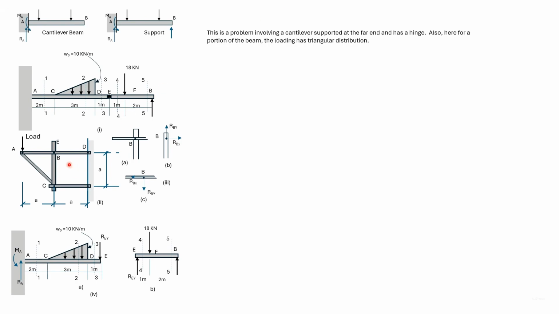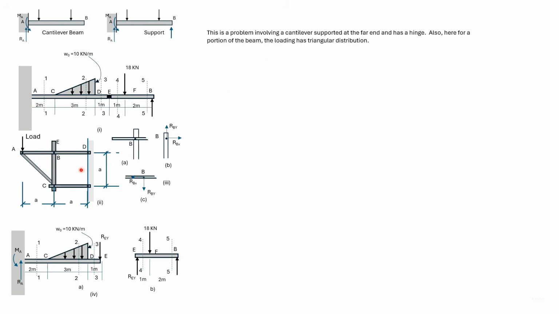Now, let us look at the equilibrium of the pin at B. The pin at B is subjected to a force due to ABD. It is also subjected to a force due to EBC. The pin is in equilibrium, so the forces due to these two members must be equal and opposite to each other.